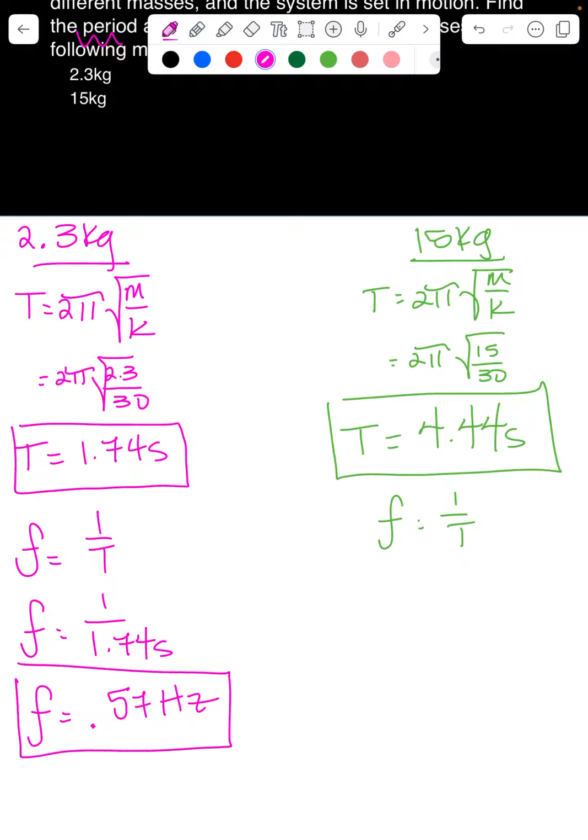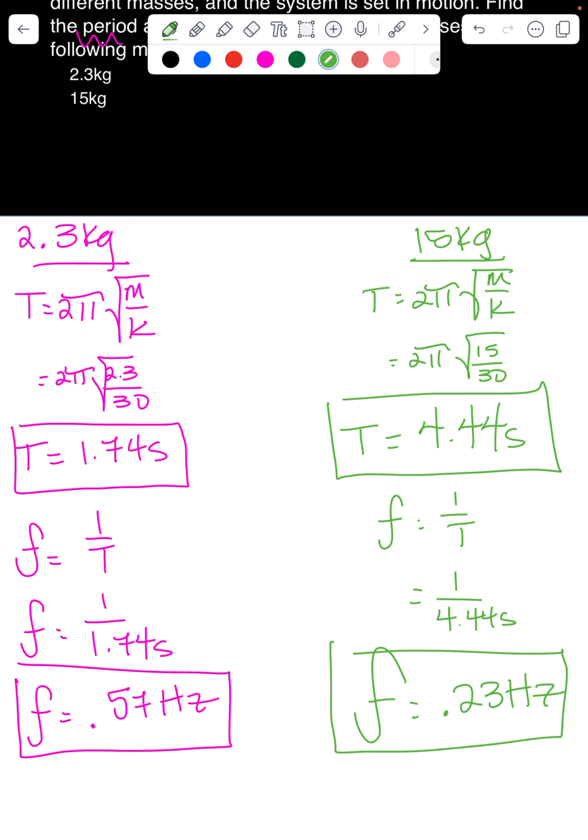That tells us that 0.57 cycles happen every single second. And for our larger mass, that's 1 divided by 4.44 seconds, which gives us a frequency of 0.23 hertz.